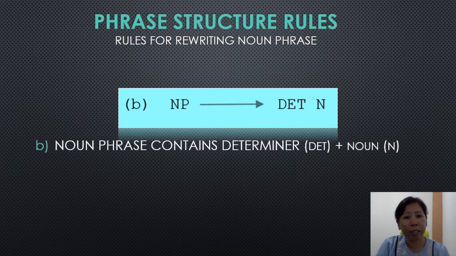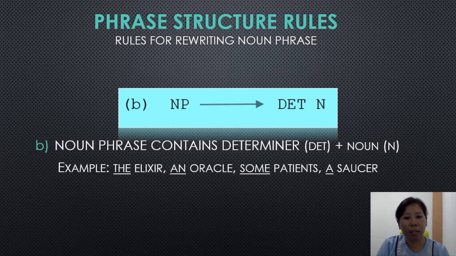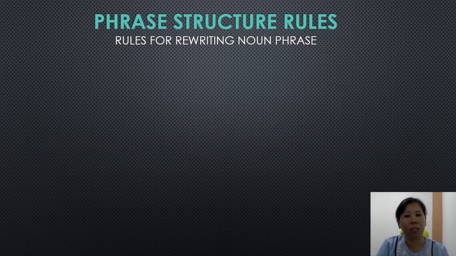Now, the second rule for rewriting a noun phrase says that a noun phrase has a determiner and a noun. For example, the elixir, an oracle, some patience, a saucer. The underlined words are the determiners.